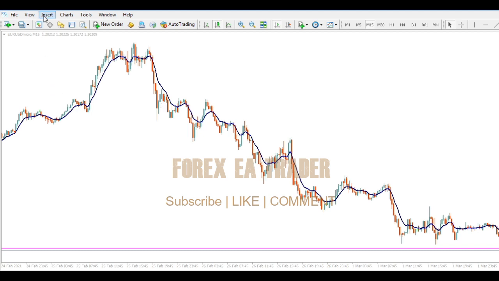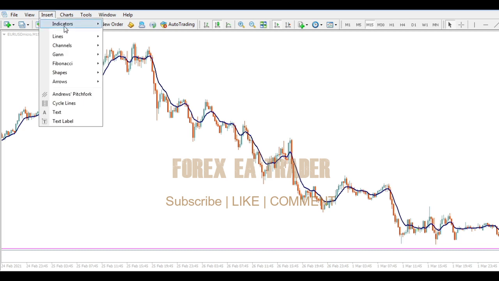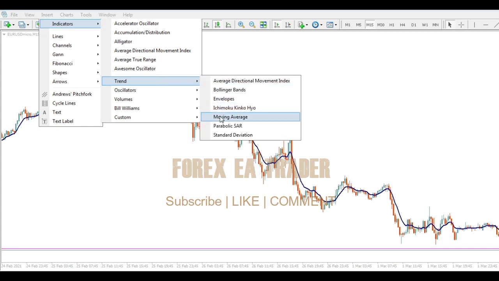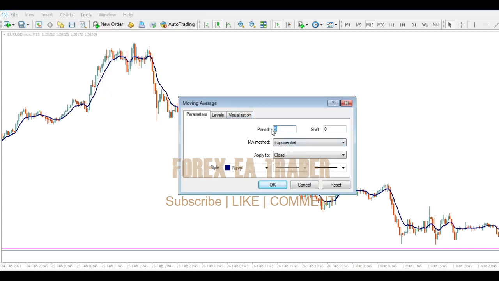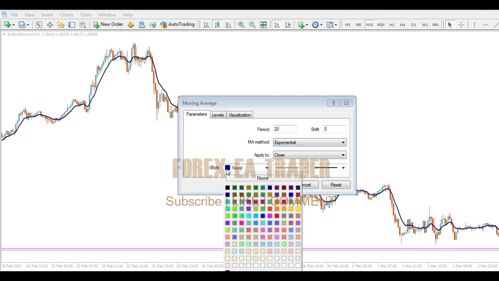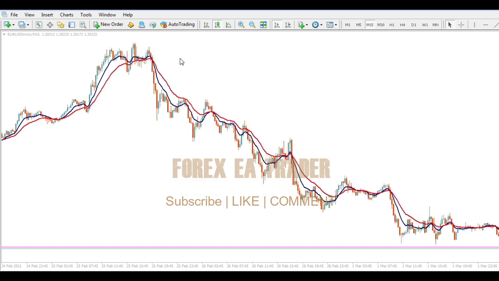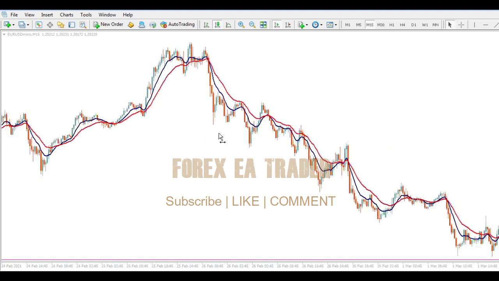Then a sort of medium filter, you want to have a 20 or 21. Let's make it 20. You can keep it exponential, since we started with exponential. With 20 there, you can see that you are slowly building up a picture of what price is doing.